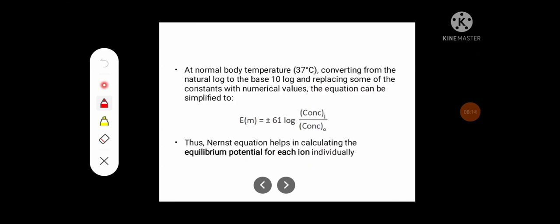At normal body temperature, converting from the natural log to the base 10 log and replacing the constants with numerical values, the equation can be simplified as: equilibrium potential equals plus or minus 61 log of the concentration inside over the concentration outside the cell. Thus, the Nernst equation helps in calculating the equilibrium potential for each ion individually.